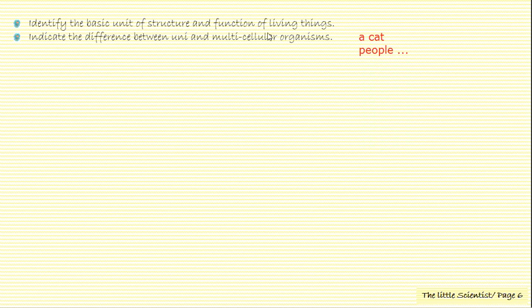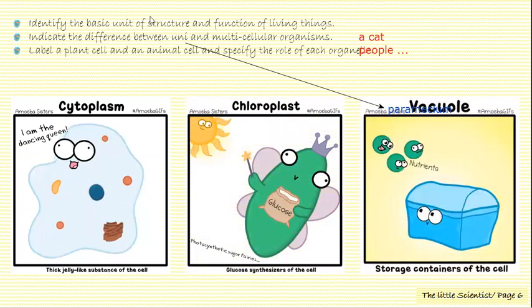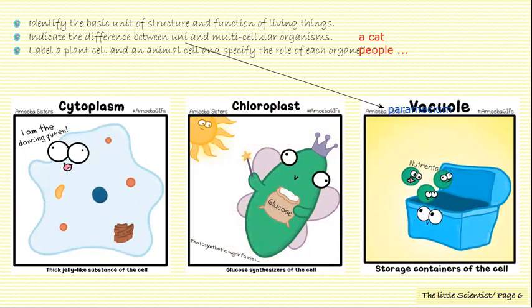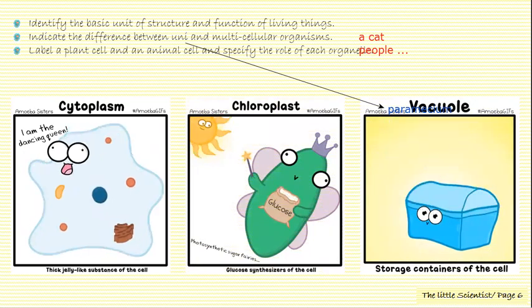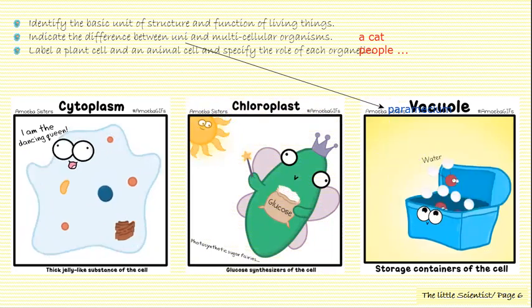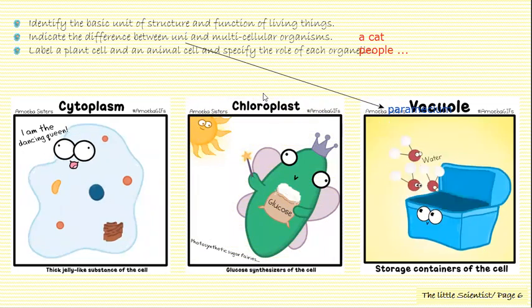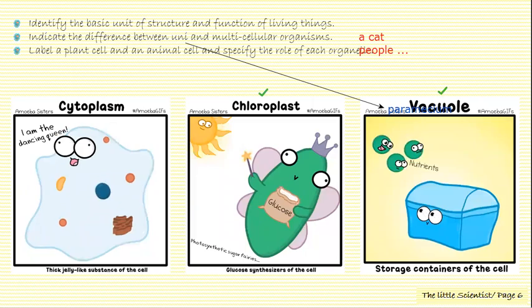And we have also unicellular organisms. Here I will write the example of a paramecium. The paramecium is a unicellular animal. It is microscopic. Inside a cell, you will see organelles such as chloroplasts and vacuoles.